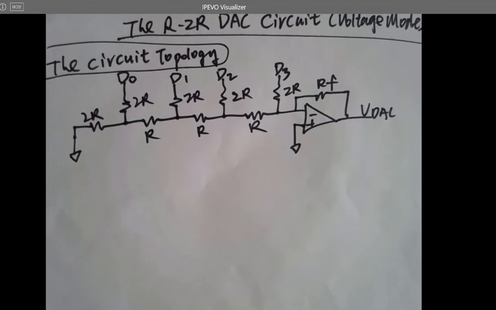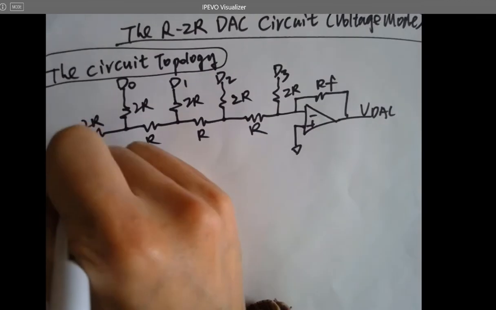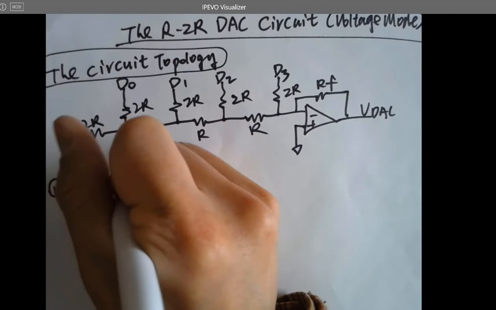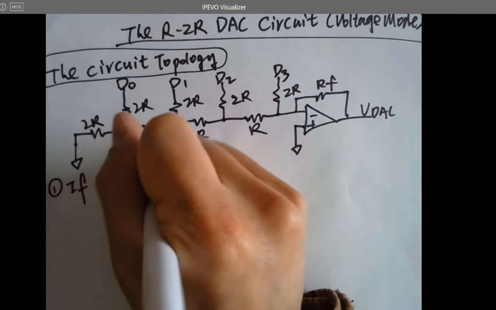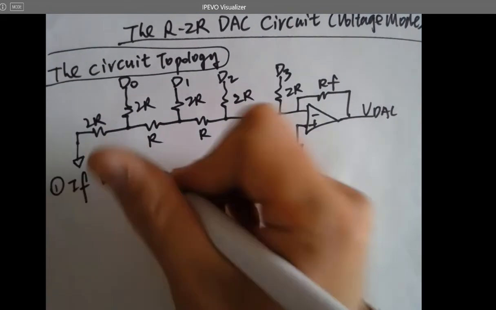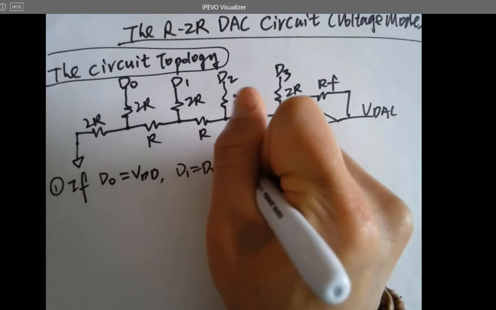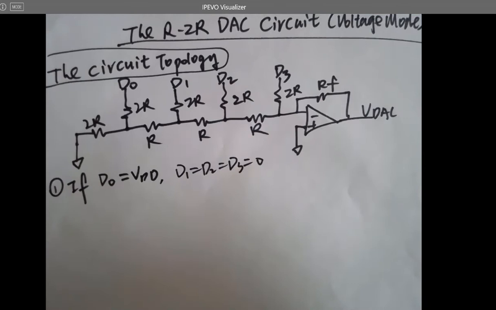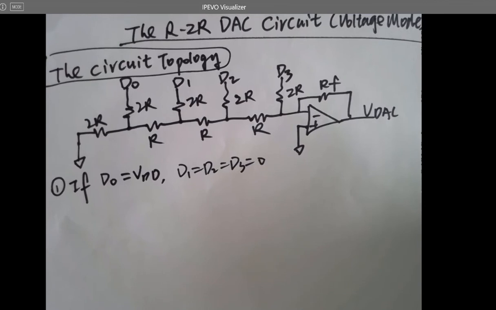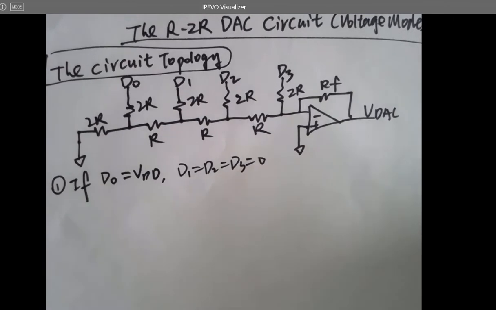So for example, let's pick the easiest one, right? What if D0 equals VDD, which is 5 volts, for example, and D1 equals D2 equals D3, which is 0, grounded, just ground them. And what's going to happen? So if you look at the circuit, what's going to happen for this case?